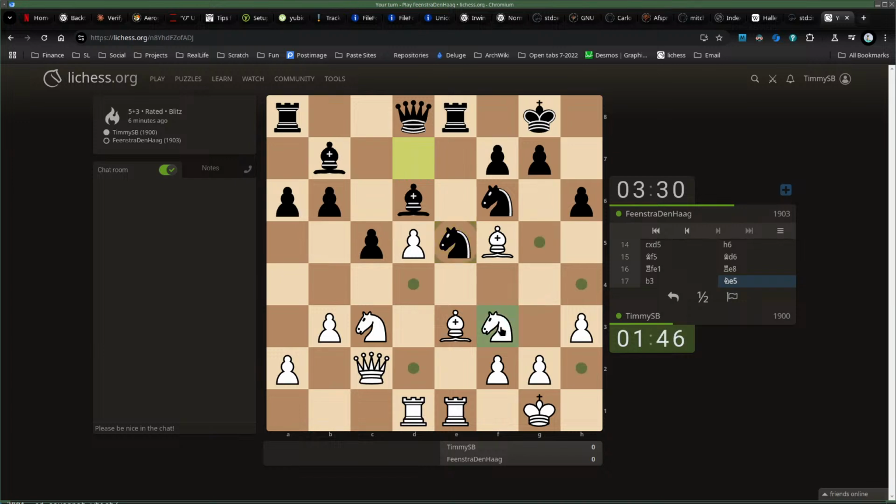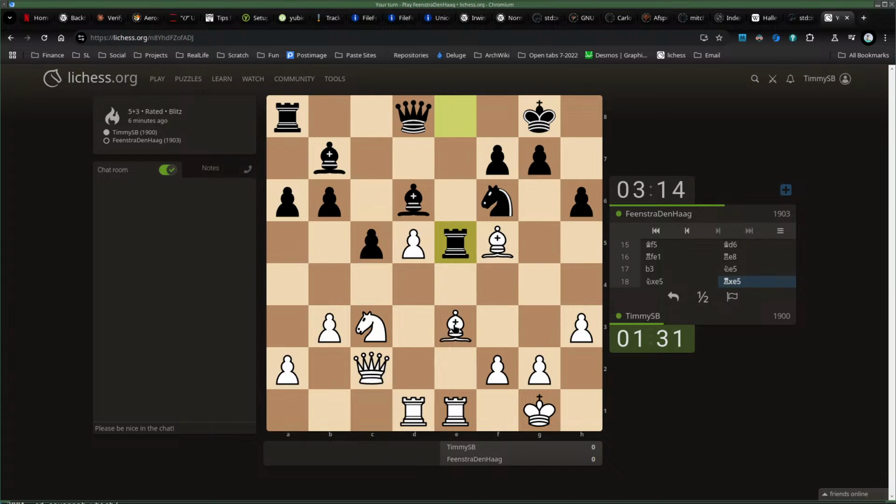Guess I have to take it. This bishop is not attacked, well, it's defended.